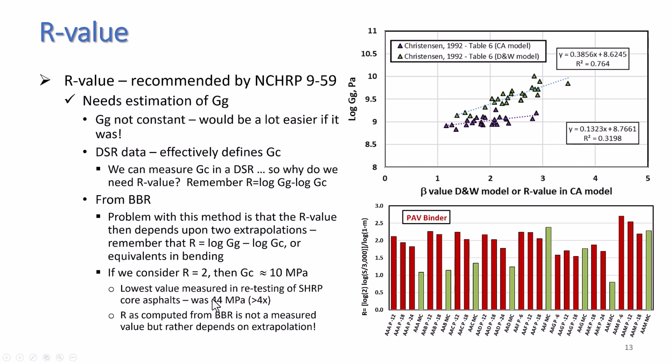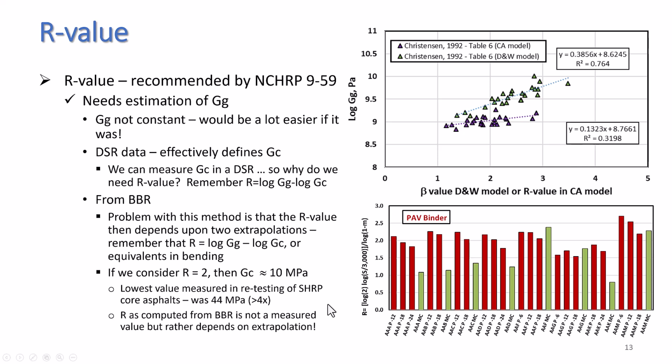The lowest value we measured in that testing of those SHARP core asphalts was 44 megapascals. So this value of crossover modulus, which is being used in the calculation, is really a second extrapolated value because it's 4 times lower than the lowest value that we measured.